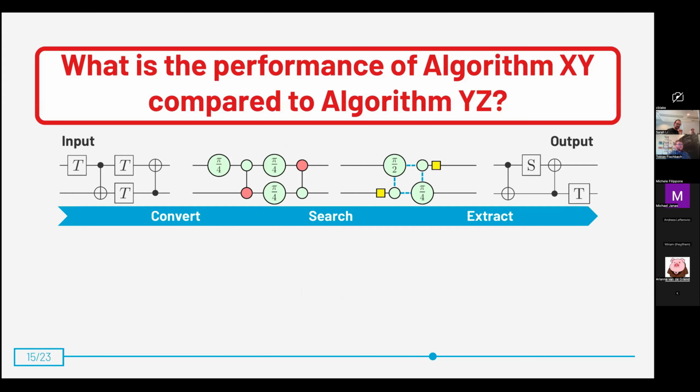So the main question that arose when I wrote the survey was, how do the algorithms actually perform? It's really hard to compare the different works because not all the benchmark quantum circuits or benchmark diagrams are the same.